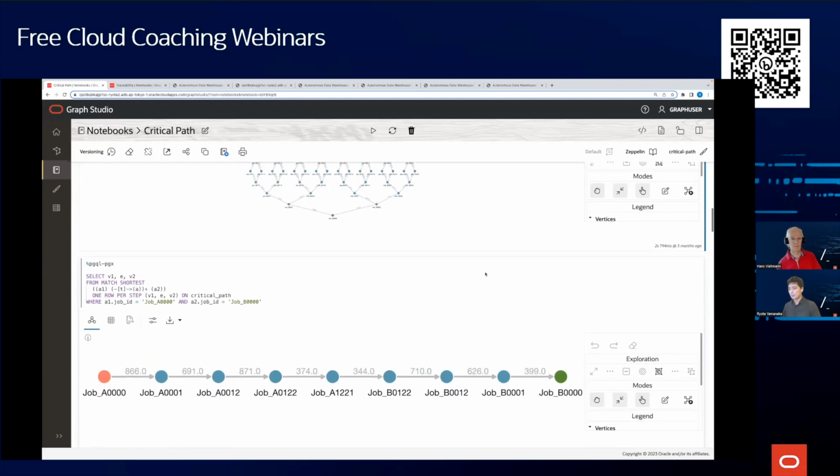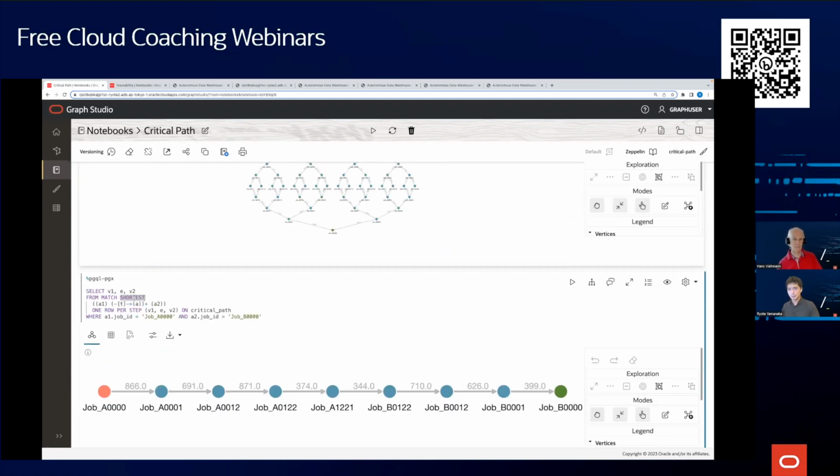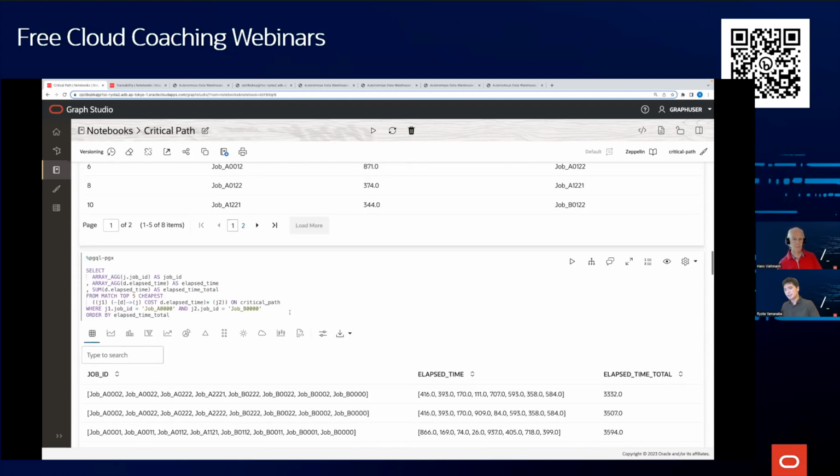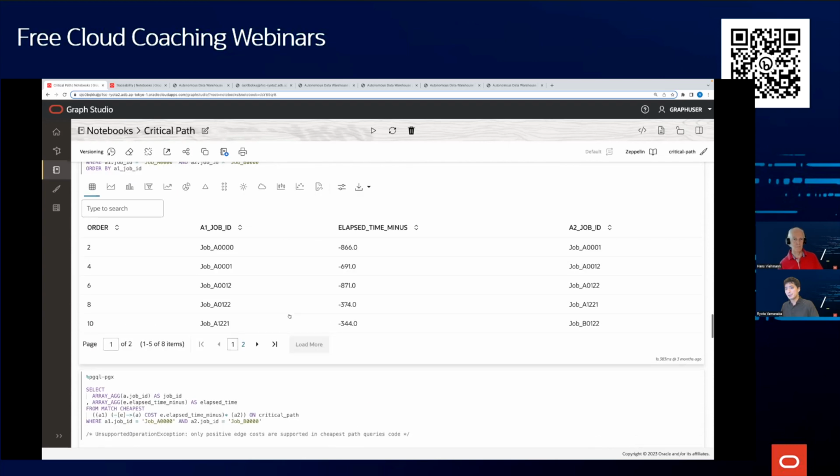And for finding the most time-consuming path, maybe some of you might think that we can use a shortest path query like this, but actually this shortest path query in PGQL uses the Dijkstra algorithm behind the scenes, and it doesn't accept negative values for weight.